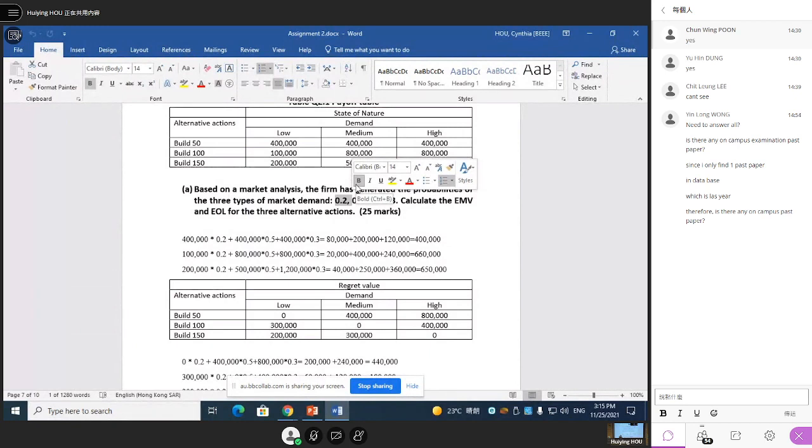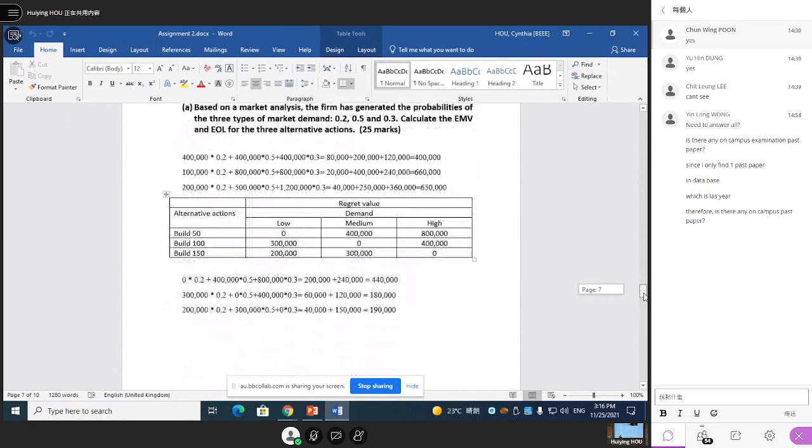The probability numbers 0.2, 0.5, and 0.3 are given by a third party. So it's very straightforward to calculate EMV. And then this is the regret value based on what I taught. With the regret value, you can calculate EOL. So it's quite straightforward for the first question.